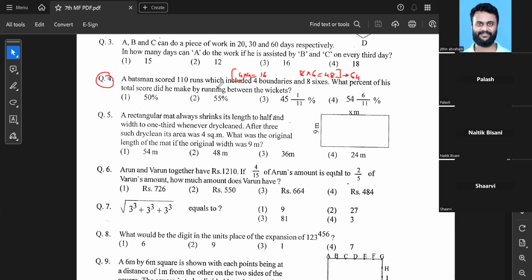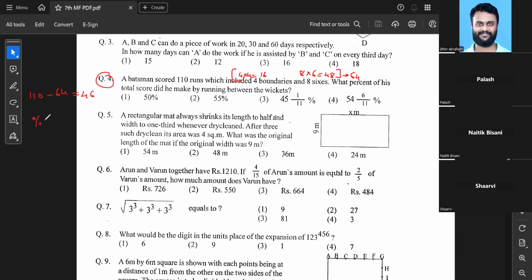By running between the wickets, it will be 110 minus 64, that should be 46. He scored 46 by running between the wickets.